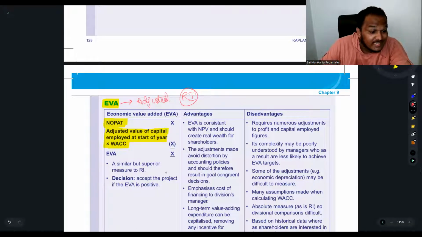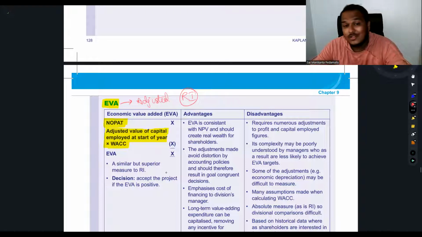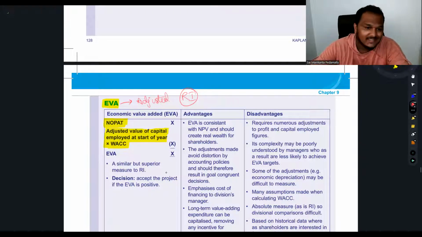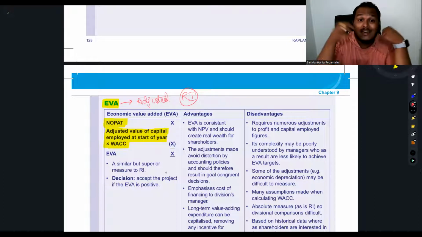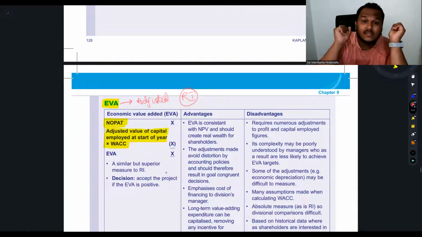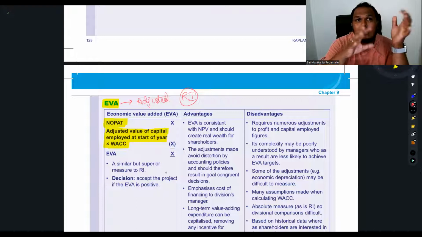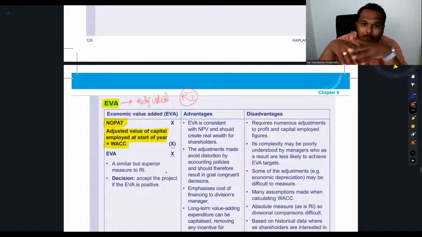But how do we in real life know what the economic depreciation of an asset is? There is no standard that tells you how to calculate it. But what do you think managers do in companies? Do you think they just say, you go and do that, you go and do this? Is that all managers do? No. Managers actually calculate this stuff. They'll say, okay, this year the asset was used to produce this many units.